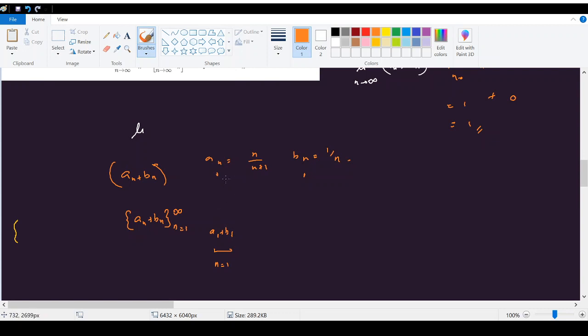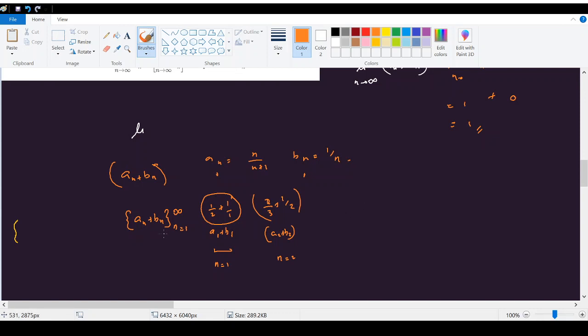So you have to substitute the terms accordingly and obtain the value at the first position, and the second position will be a2 plus b2, right? So there is a certain value corresponding to n equals 2 here. You should calculate all those values according to the given formula, which in this case is an plus bn.